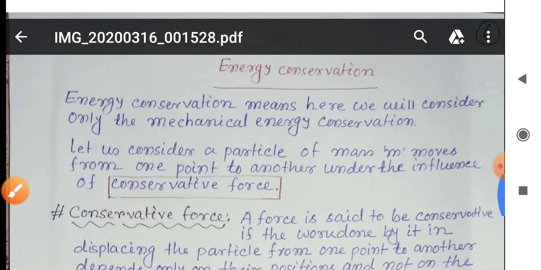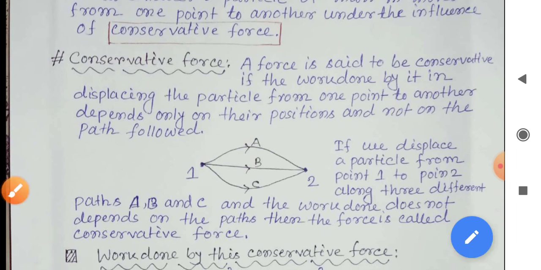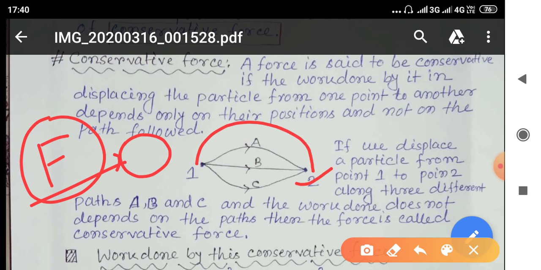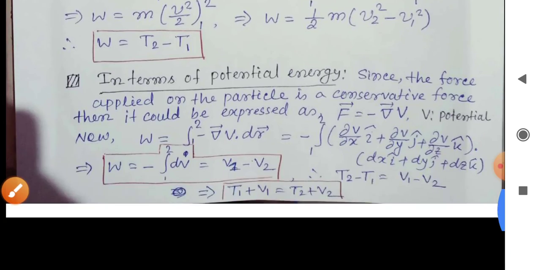Similarly, for the condition for energy conservation, the object is moving under an external force, and if it moves from the point 1 to point 2, this external force must be the conservative force field. If an object is moving under the conservative force field, then its energy must be conserved or constant quantity.